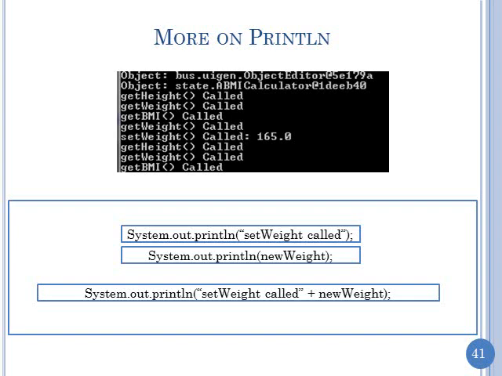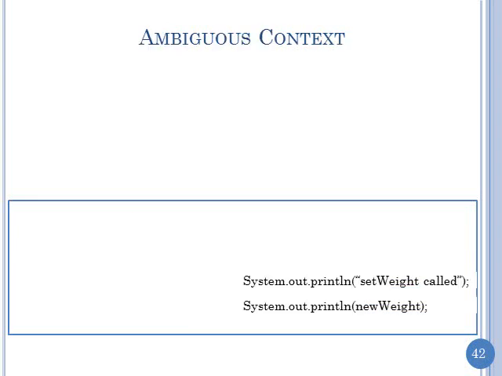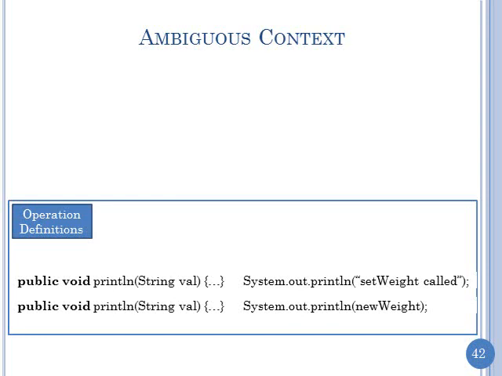This is something you do all the time, and this is what it really means. We have many different pluses, and here there's a plus that takes two parameters, string and int, and it converts the second argument into a string, and then calls the plus with string and string. Okay. So context is good, except that it can be ambiguous at times. And what if I had two println methods?